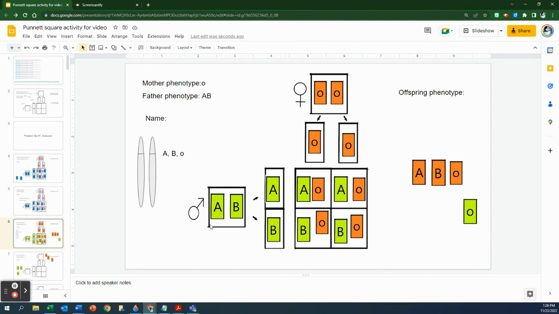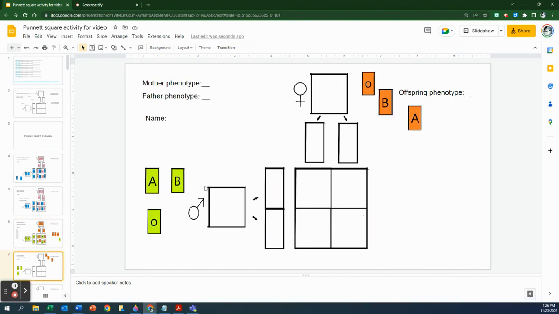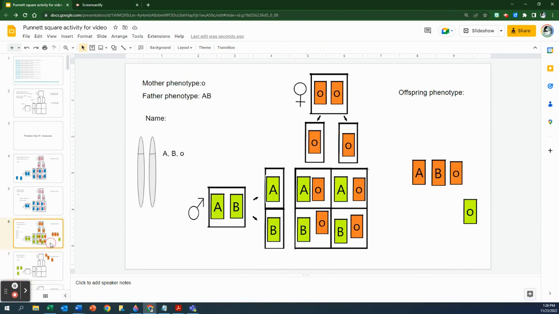Now you can play this any way you want to. There's another set here for you to play with blood types, however you want to. But the takeaway is the setup is always the same. You start with the diploid cell, you separate it out into the two haploid parts, because that's what happens in the cell.